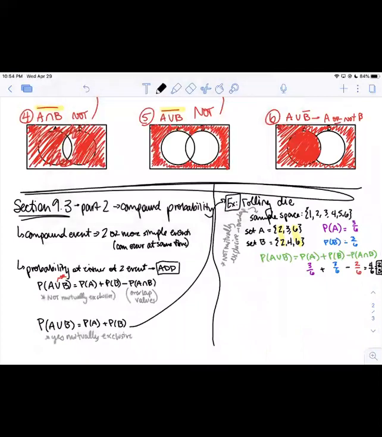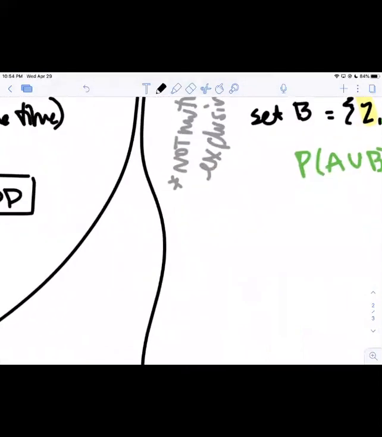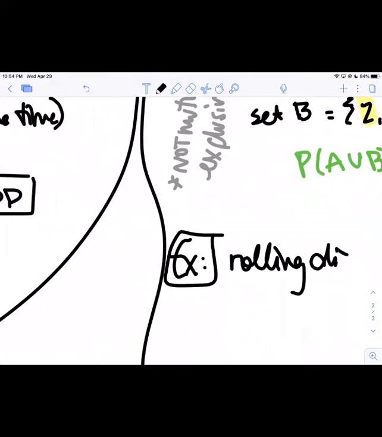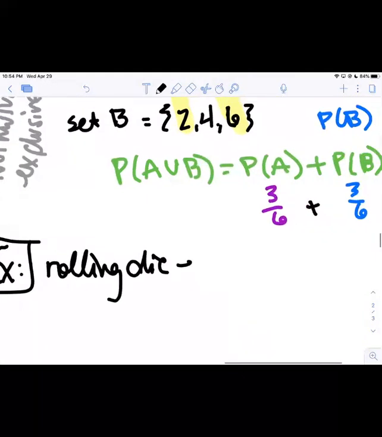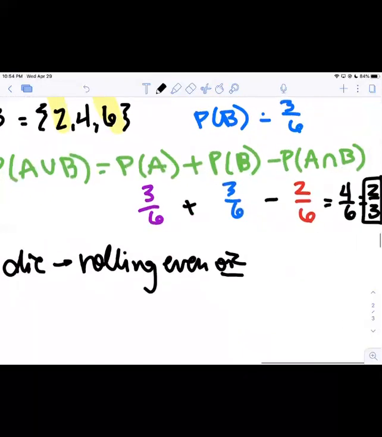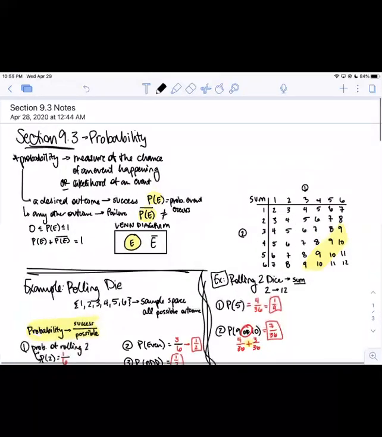A few more examples up our sleeves here. Okay, example. We're rolling a die again. And I want to know what's the probability of rolling an even number or a divisor of 10.